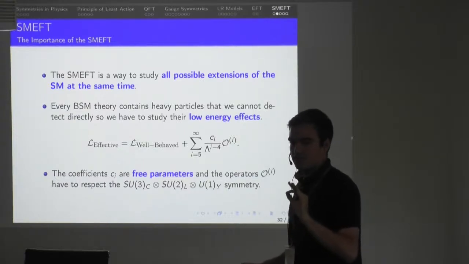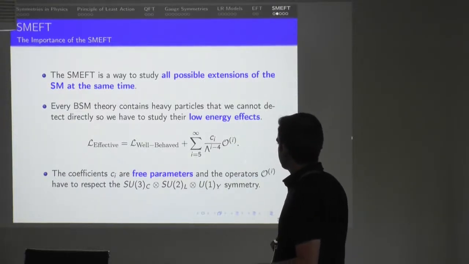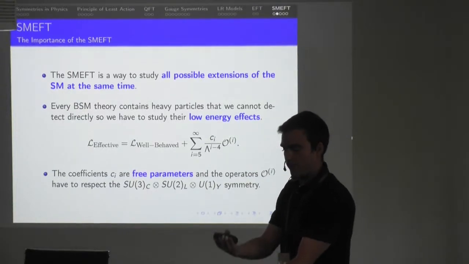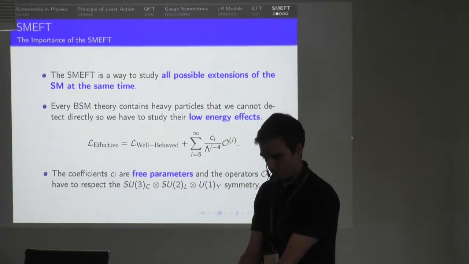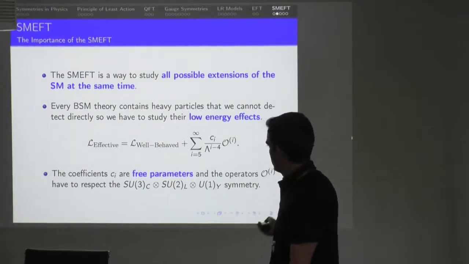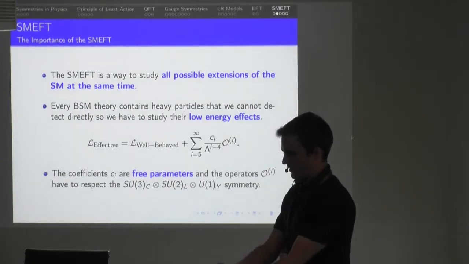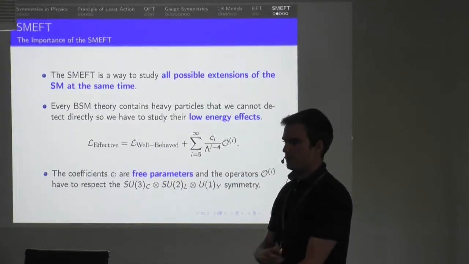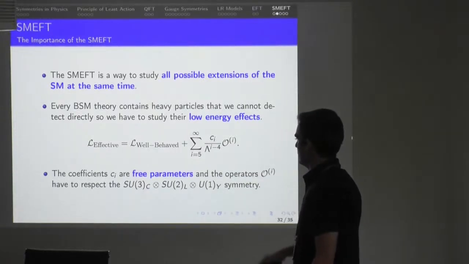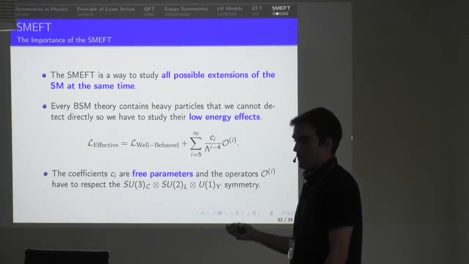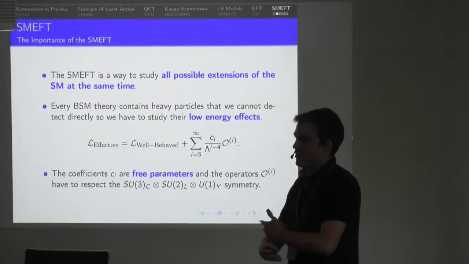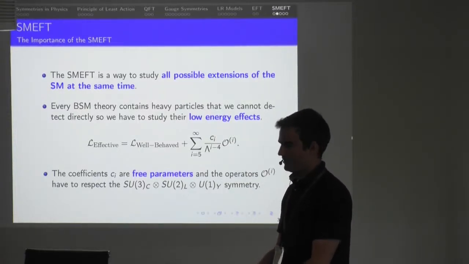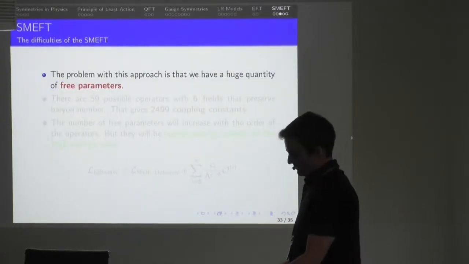The only thing that I know is that they have to respect the symmetry of the standard model, because I know that the standard model works at low energies, so this theory has to work at low energies, where the standard model works, so it has to respect the same symmetries. But I cannot know these coupling constants here. The point is that I am studying, indeed, all of the possible extensions of the standard model at the same time. But there are problems.